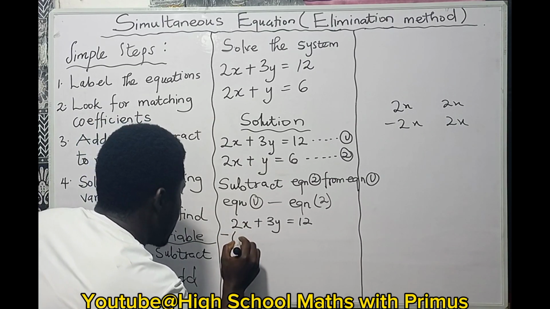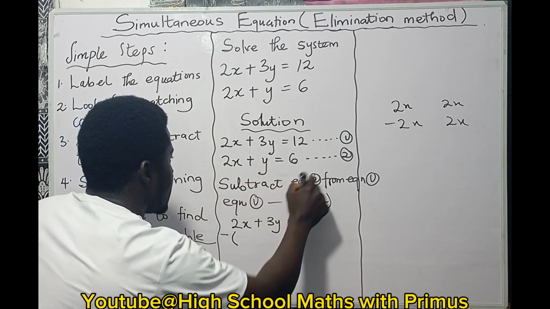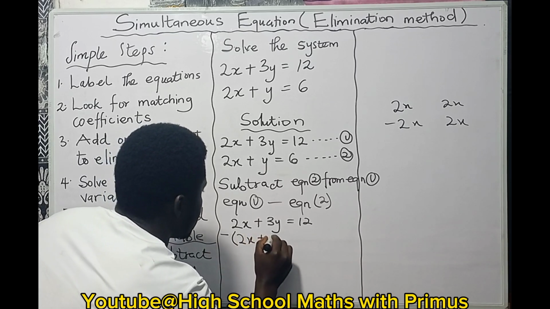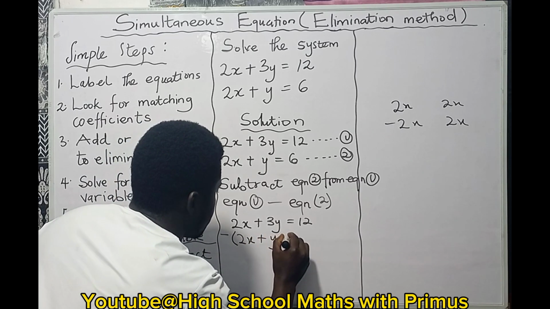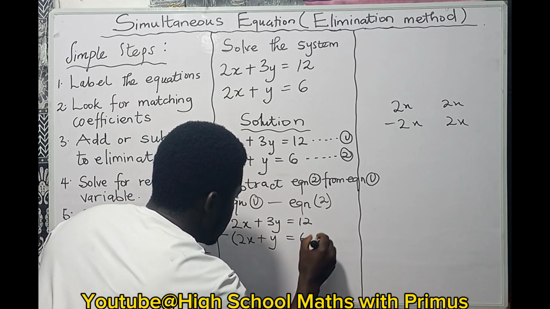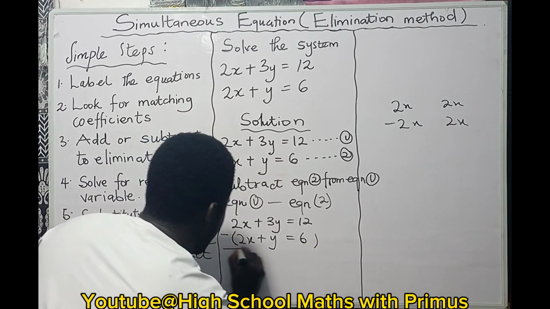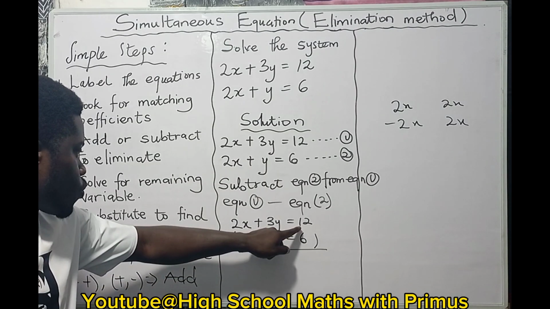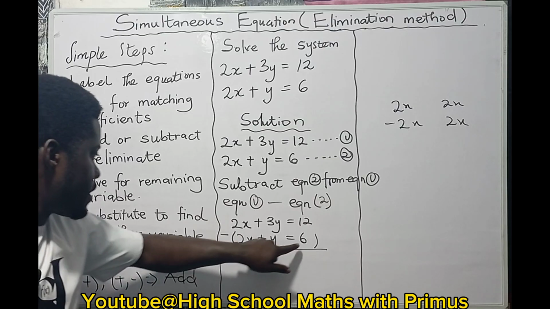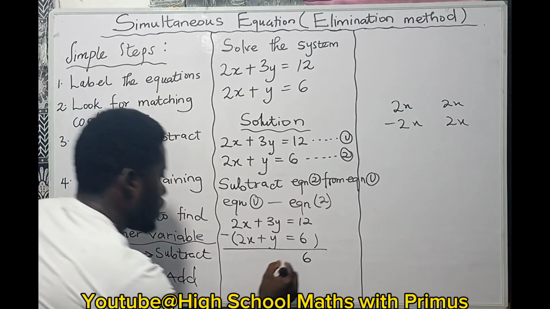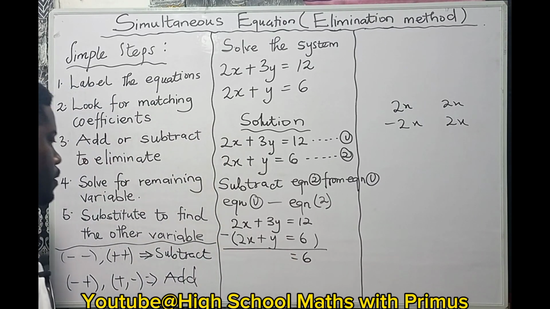I bring my big bracket and I write the second equation, equation 2, which is 2x plus y is equal to 6. We are subtracting the usual way. So now we have 12 minus 6, and that is giving me 6. I bring my equal to sign.